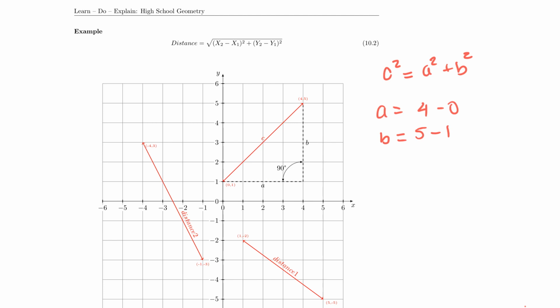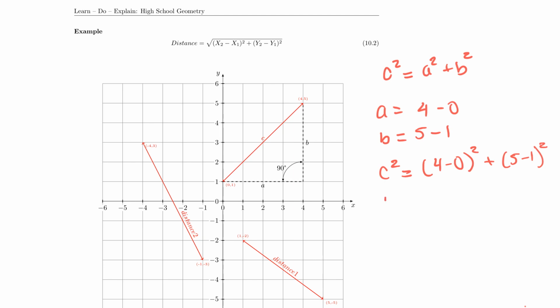So let's substitute a and b into this equation. We have that c squared is equal to, what is a? 4 minus 0 squared, plus, what is b? 5 minus 1 squared. The square goes to the other side as a square root.